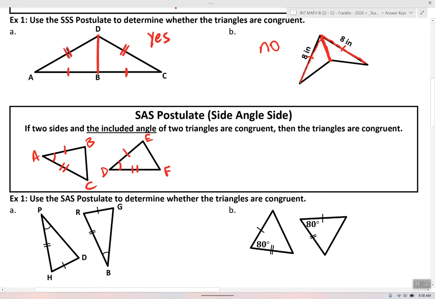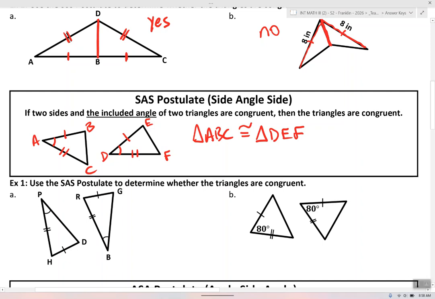And that's because this angle sort of locks these two sides in place, meaning this third side has no choice but to be the same. So I know here that triangle ABC is congruent to triangle DEF.